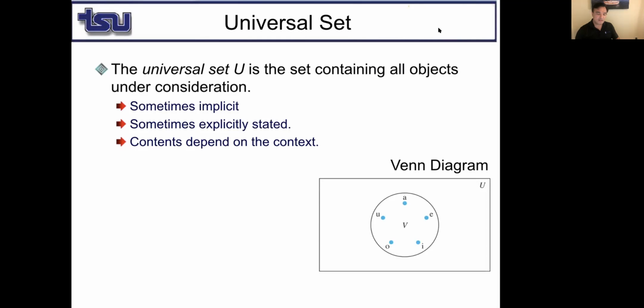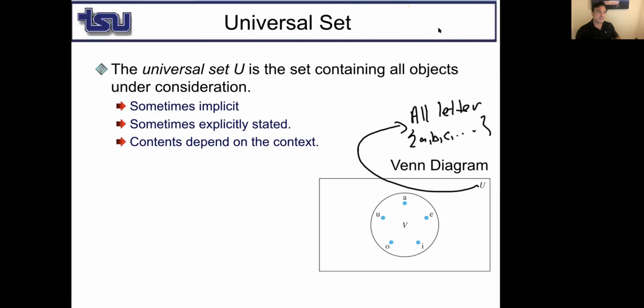Universal set. Well, get familiar with that. The universal set depends on the context that you use. For example, if you have a set V, which consists of all vowels, and if you are dealing with all letters in the alphabet, then your universal set U will be all letters in the alphabet. So A, B, C, all those 26 letters, okay?